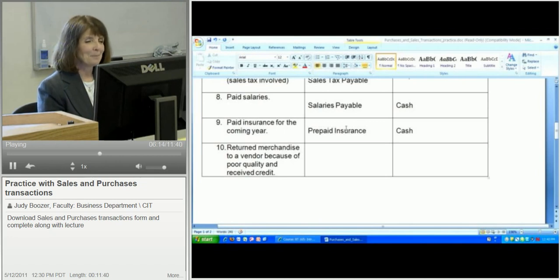And number 10, return merchandise to a vendor because of poor quality and received credit. Is that a debit? Good, thank you. It is going to be accounts payable because you're reducing the liability and the vendor. And if purchases is a debit balance account, purchases R&A has to be a credit.